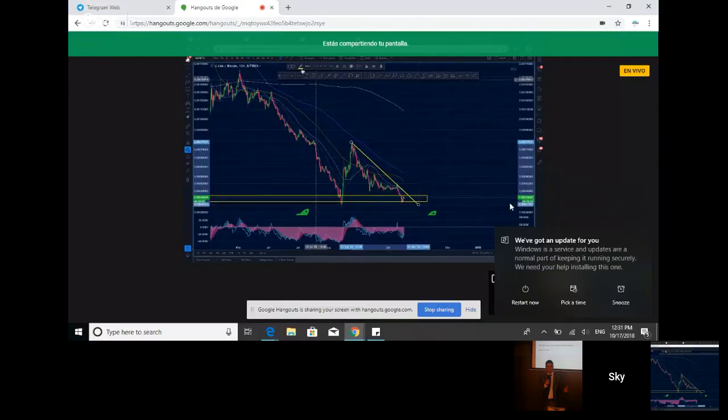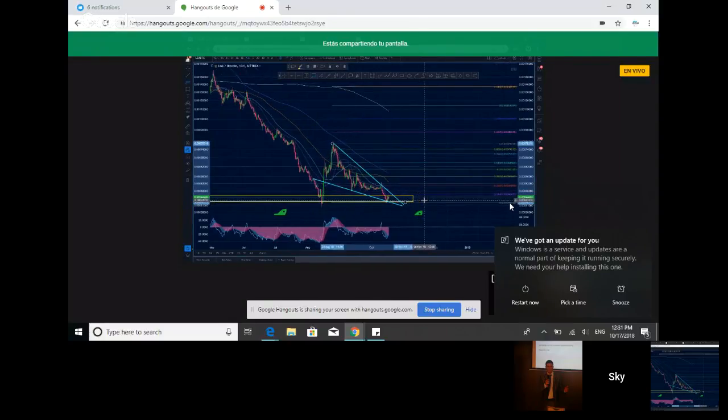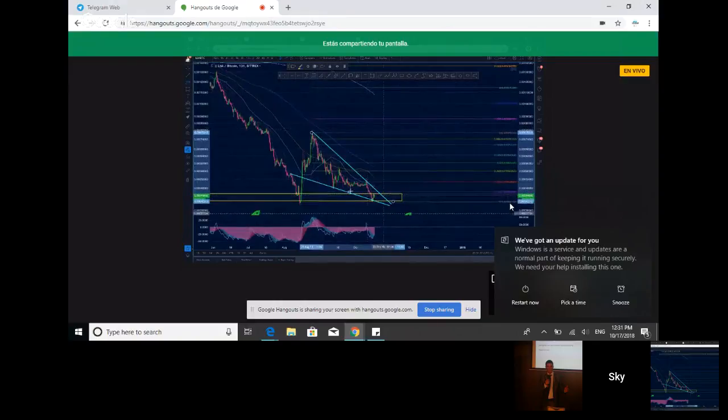As we know from TA, the wedge pattern is probably one of the most profitable patterns occurring during trading and during the price flowing. So right now, I can see that this pattern is already formed, but has not broken out from it.